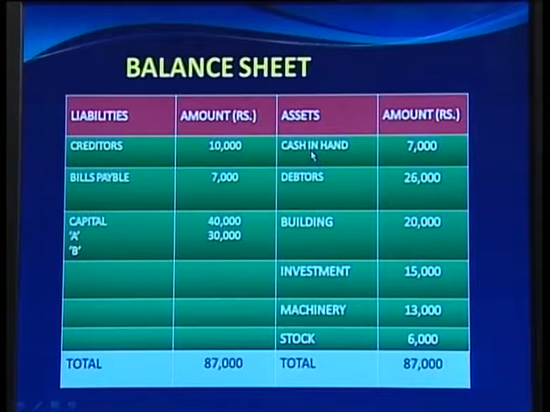On the asset side we have cash in hand 7,000, debtors 26,000, building 20,000, investment 15,000, machinery 13,000 and stock 6,000. Together the total of assets and liabilities match and amount to 87,000.